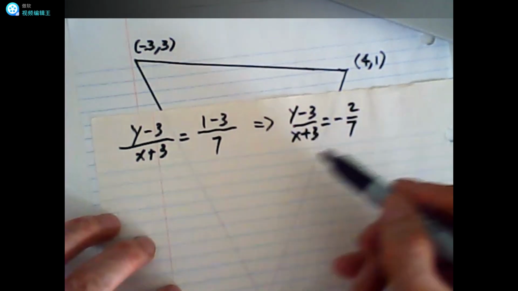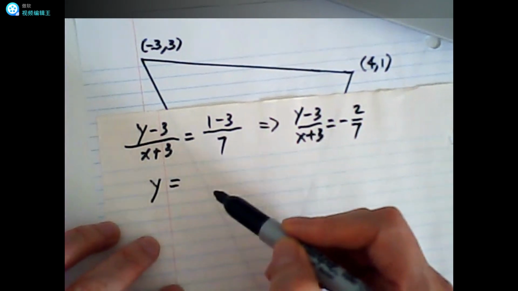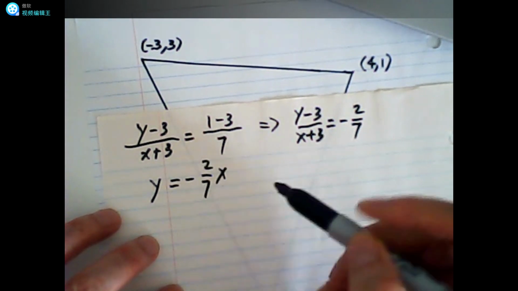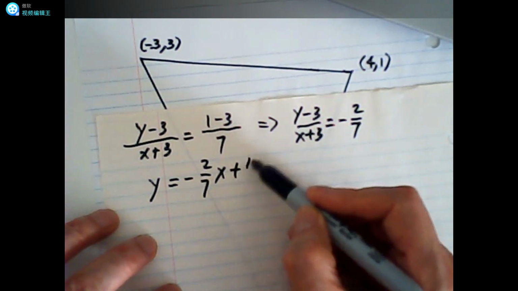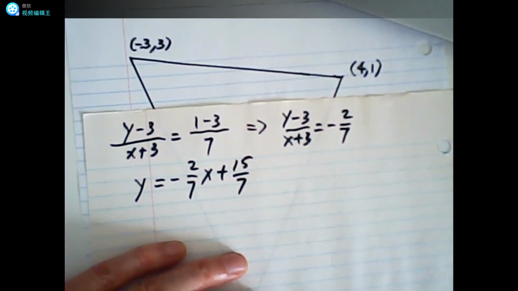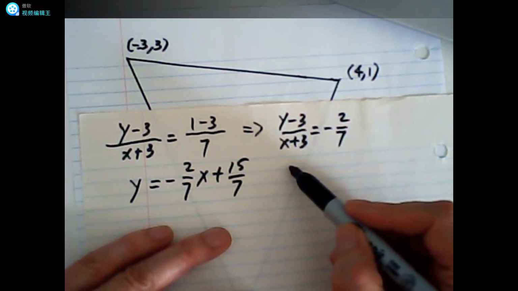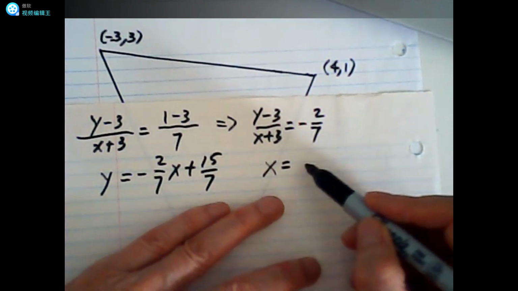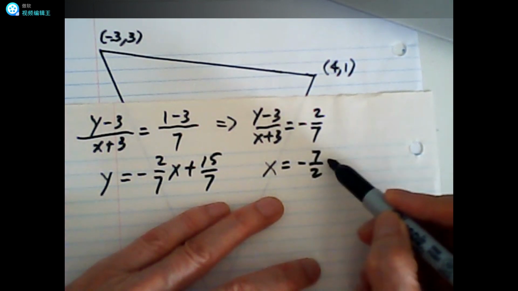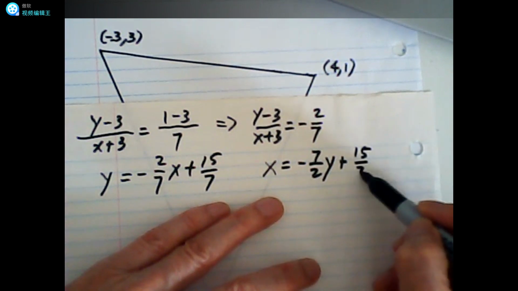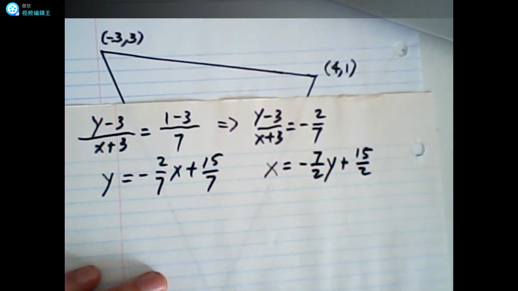Then we can find y as y is minus 2 sevenths x plus 15 over 7. Or we can express x in terms of y, so that x is equal to minus 7 over 2 y plus 15 over 2.